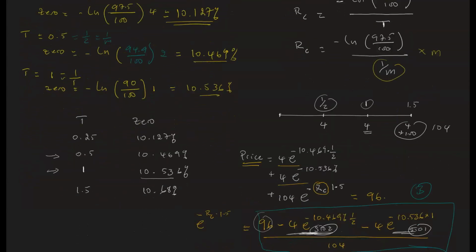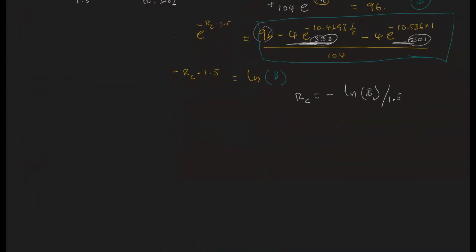Now, for the zero with a maturity of 2 years, the process is going to be very similar. In this case, we're going to have 2 years, so I'm going to just draw the following: half a year, 1 year, 1.5 years, and then 2 years. There we go. What is the coupon payment?